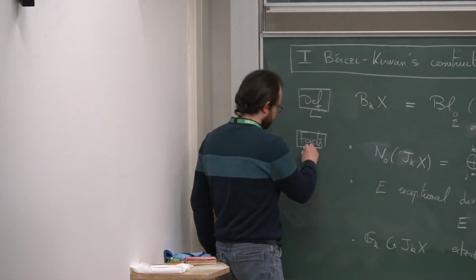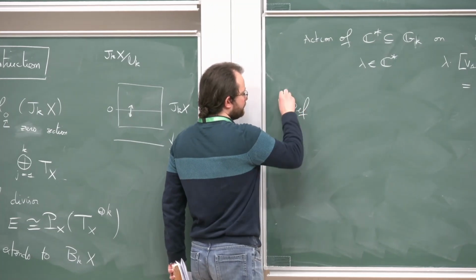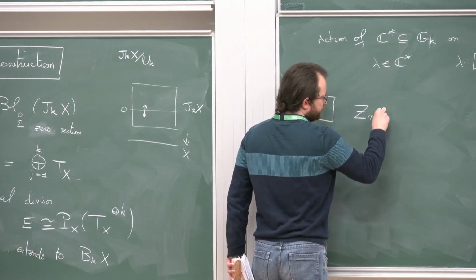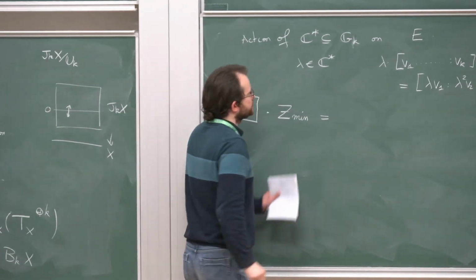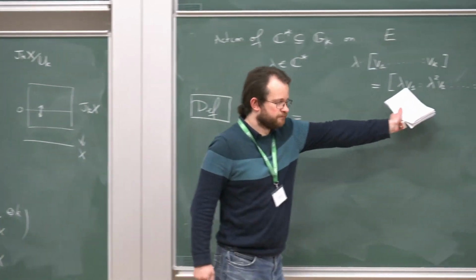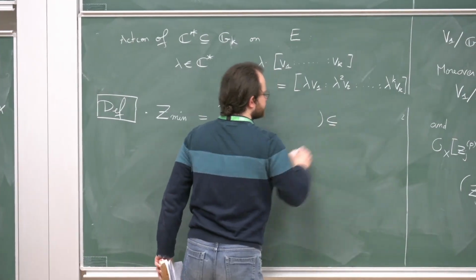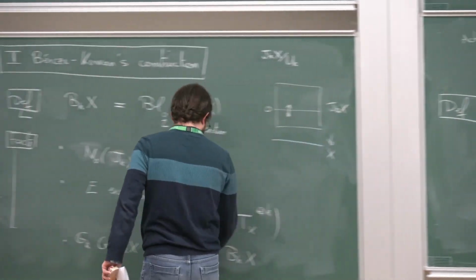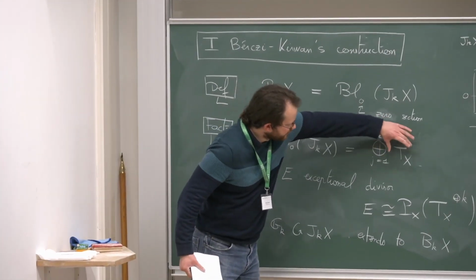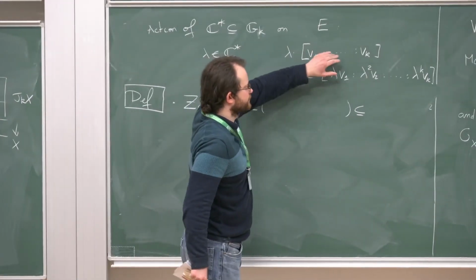Okay, and now a definition. I'm going to introduce a central object in the Bérczi-Kirwan construction. I introduce the set Z_min, which is inside the exceptional divisor the part where the weight is minimum. So what is it? Well, inside this projective space, it is simply the projectivized bundle obtained by taking only the first part of this decomposition, only the v_1 and 0 for all the rest.